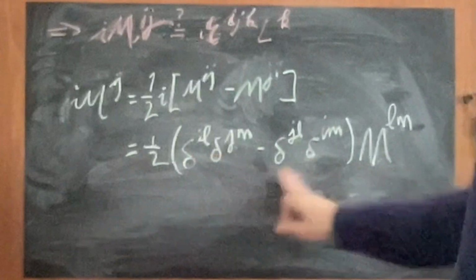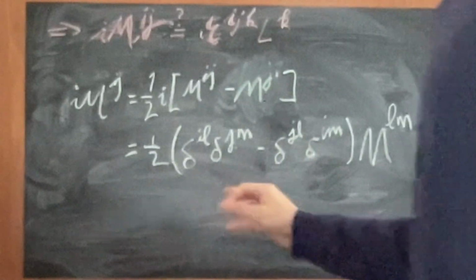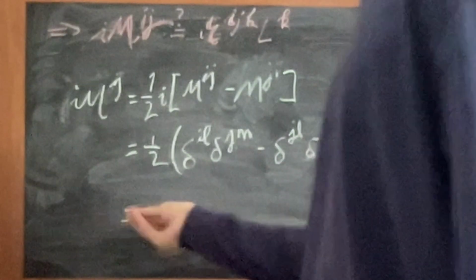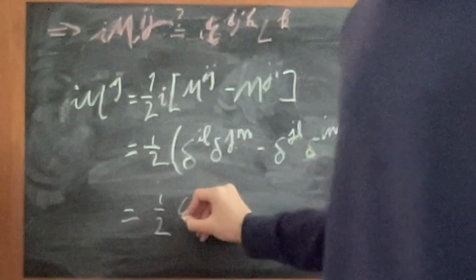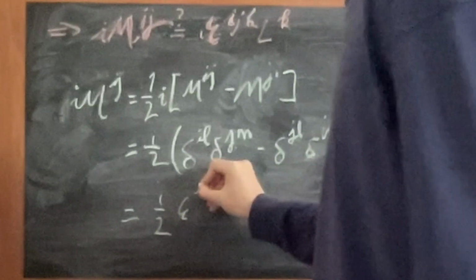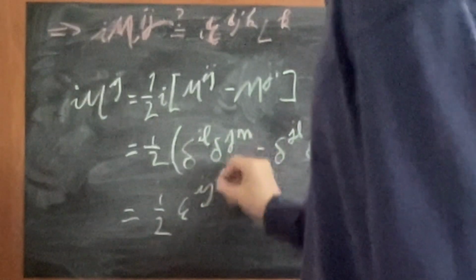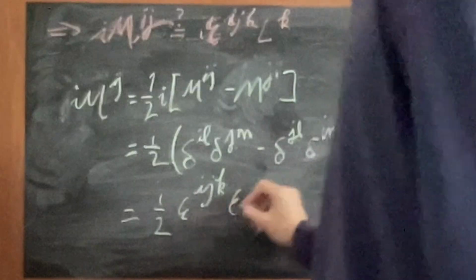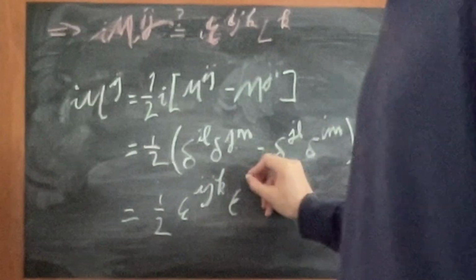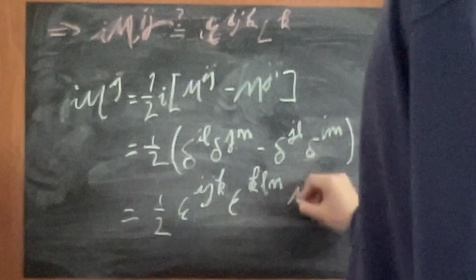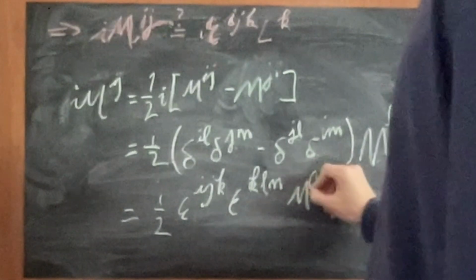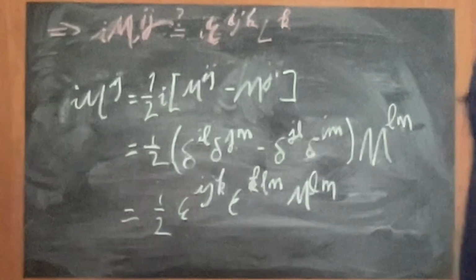And here, using the same identity that we had before, we'll find that this bracketed part is equal to the multiplication of 2 epsilons that share one common index. Like this.